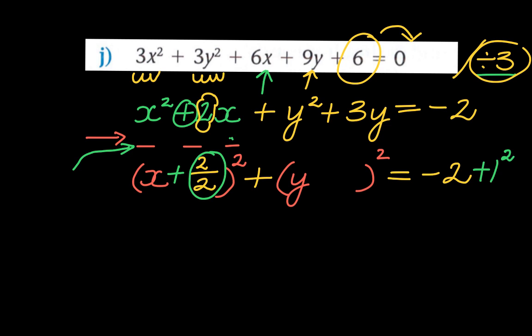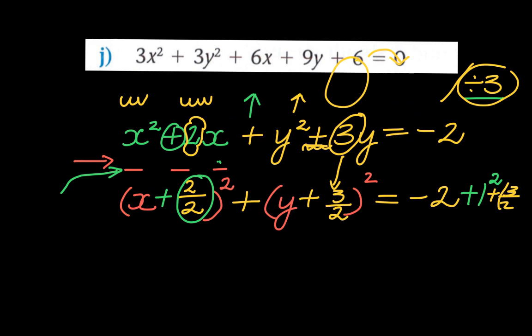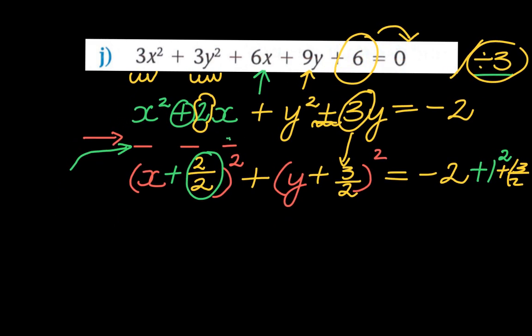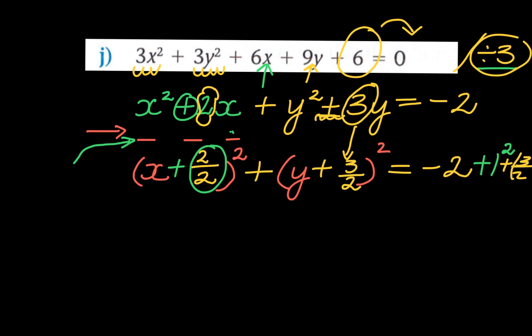Now with the value of y, I have a y, plus stays a plus. Then I take this number, the coefficient of y, and divide by 2. And what I do, to the other side, I immediately add 3 over 2 squared, to balance it. Let's simplify our equation. So I have x plus 1 squared plus y plus 3 over 2 squared.